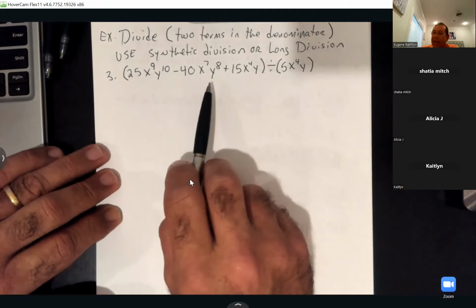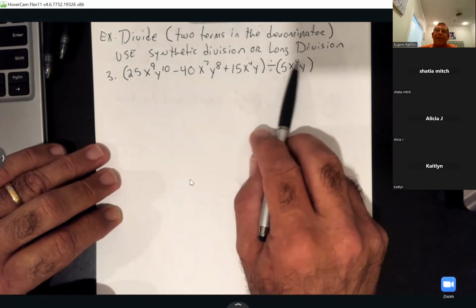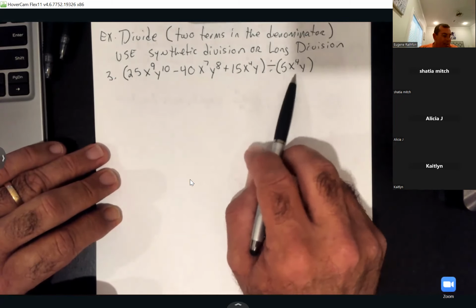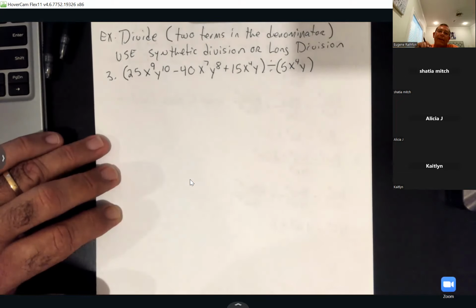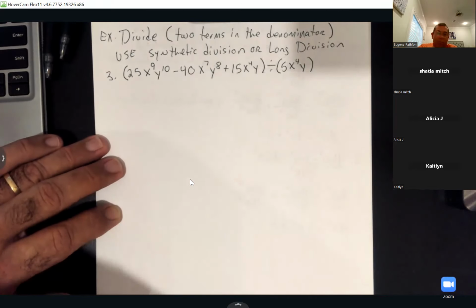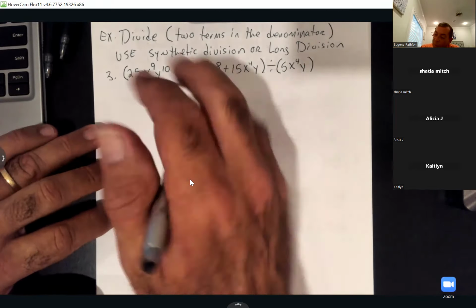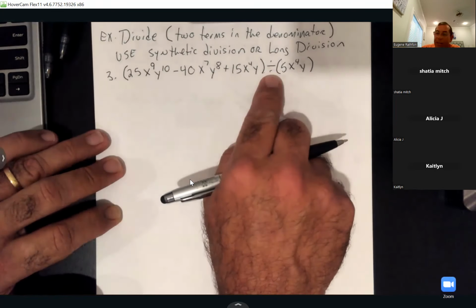And I got ahead of myself because this is just a single term in the bottom. So since this is a single term, I'm going to do it like I did on the first two. So I was looking at the wrong problem. So this will be just like the ones we just did, but they're writing it using that division.